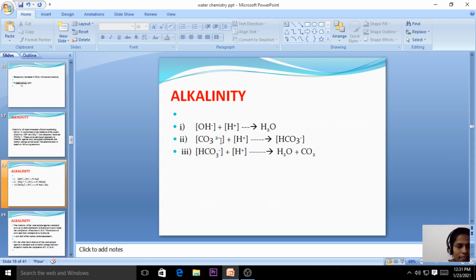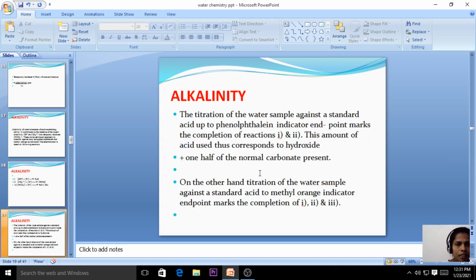So that's what I said now. The phenolphthalein endpoint is indicating OH minus complete neutralization plus half carbonate. So here 1 and 2. This amount of acid used thus corresponds to hydroxide plus 1/2 of the normal carbonate present. That means complete neutralization of hydroxide OH minus and 1/2, that means half, of the carbonate.